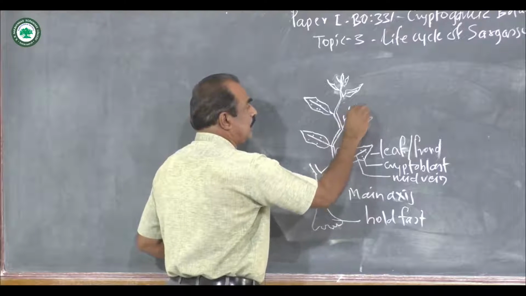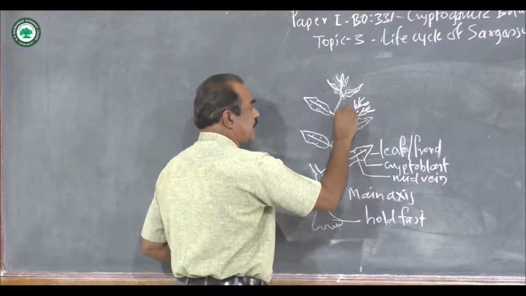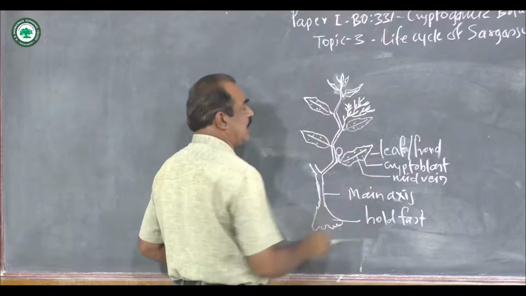These are the reproductive structures called as the receptacles. They are profusely branched. They are dark brown in color.